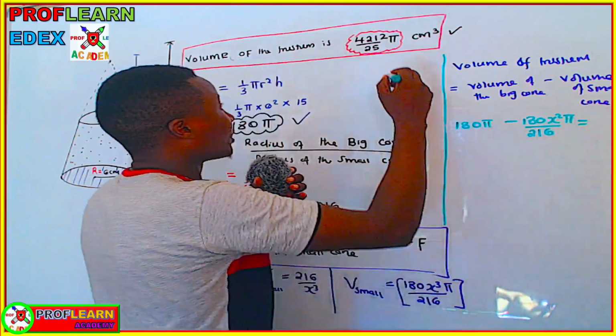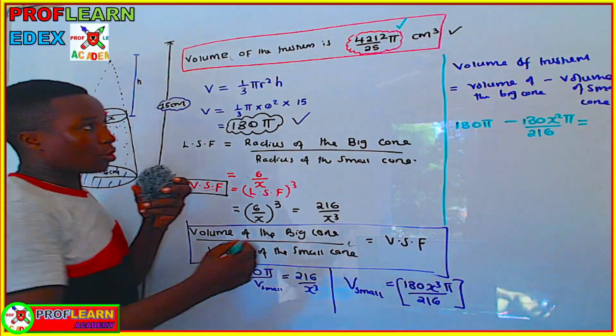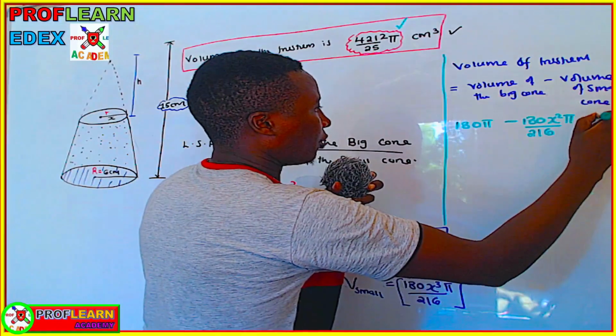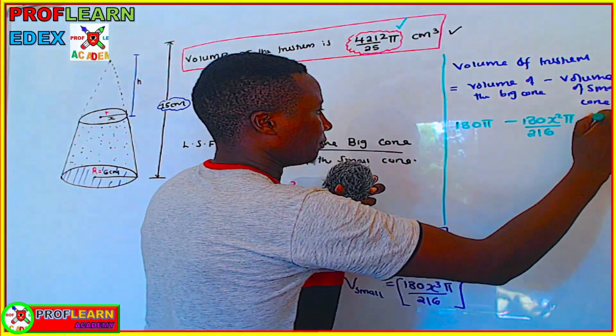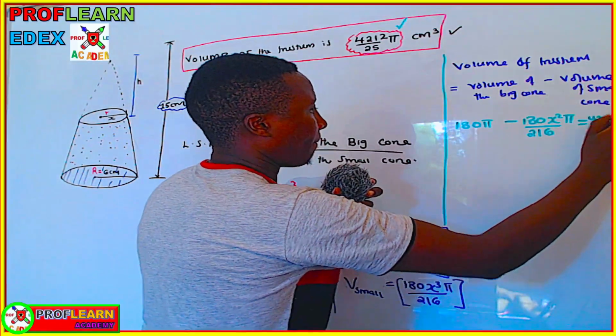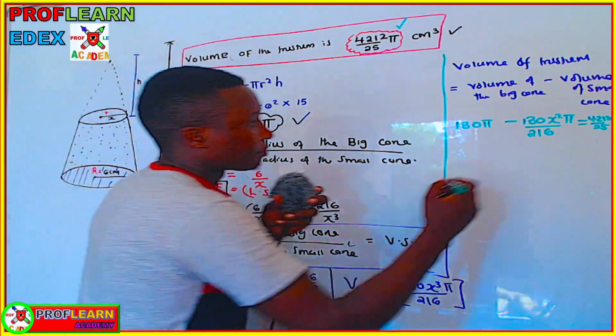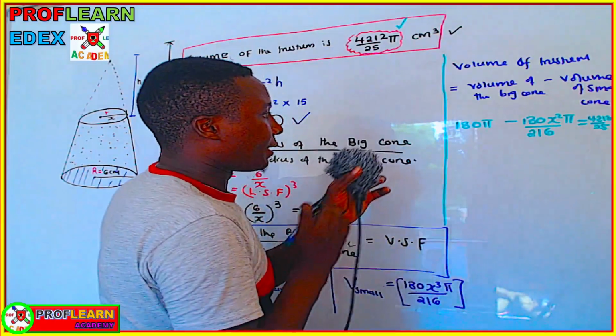This will be equivalent to the value that we were given at that point, which is 4212 over 25 pi.